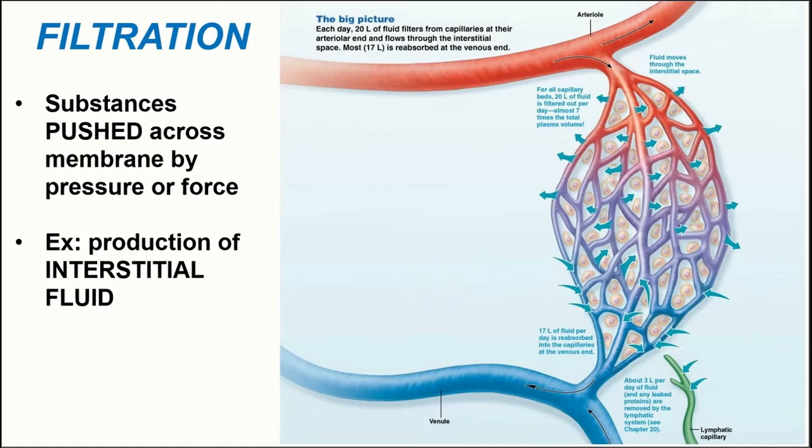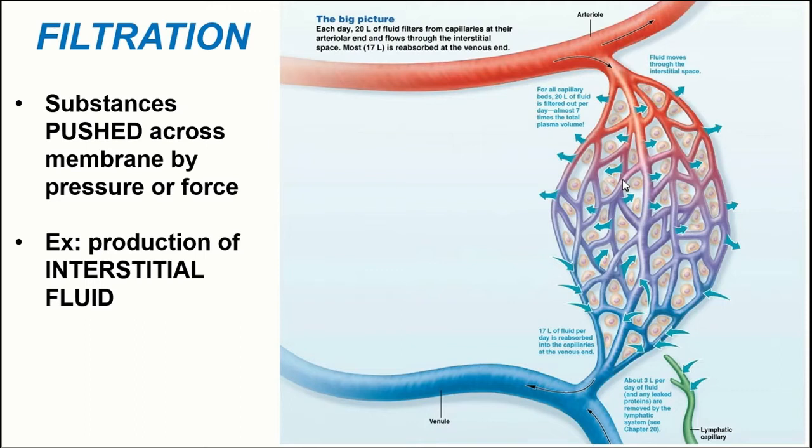A good example of this is the production of the interstitial or tissue fluid from the blood. Our blood pressure pushes fluid out of the thin walls of the body's capillaries, and that fluid enters the space between the cells of that particular tissue. It's the pressure of blood that is forcing fluid out of the blood and into the tissue space.